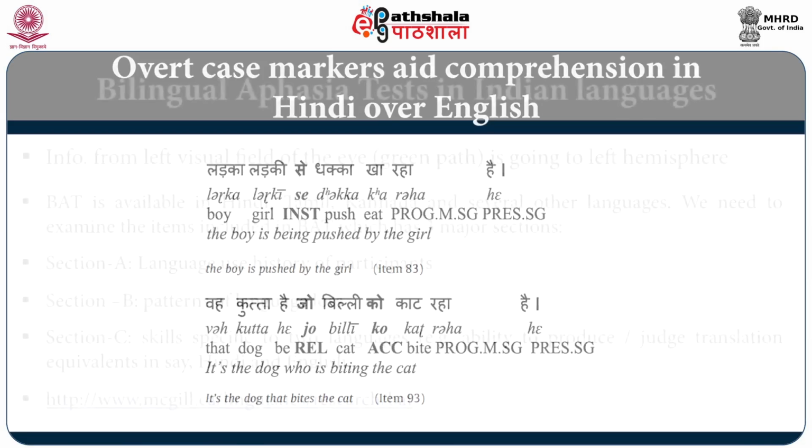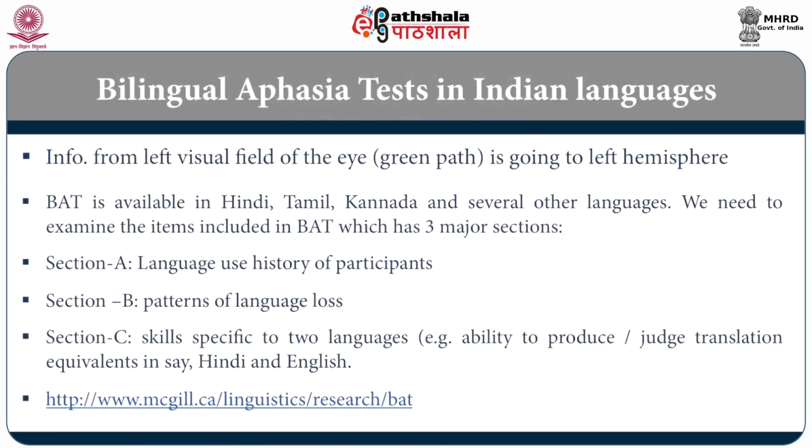So, since the bilingual aphasia test is available in some of the Indian languages like Tamil, Kannada and Hindi, I think more research should take place. First of all, we need to look at how this test is designed. It has 3 sections.